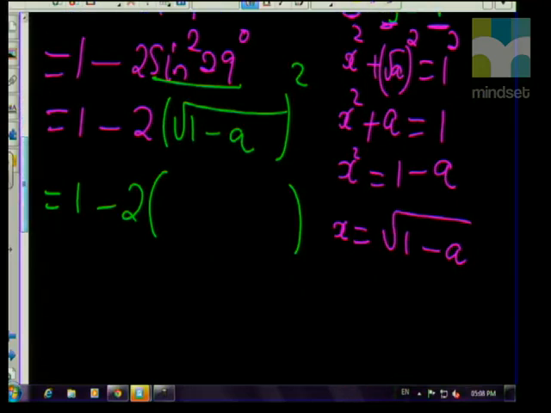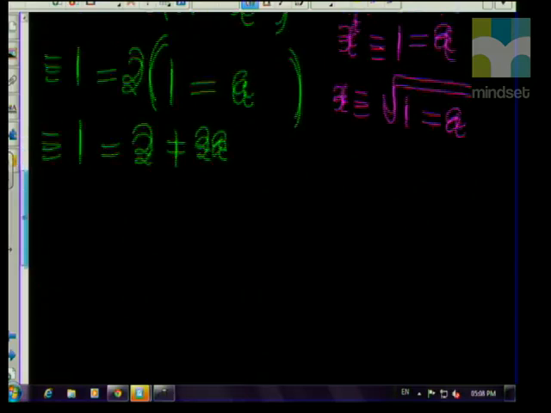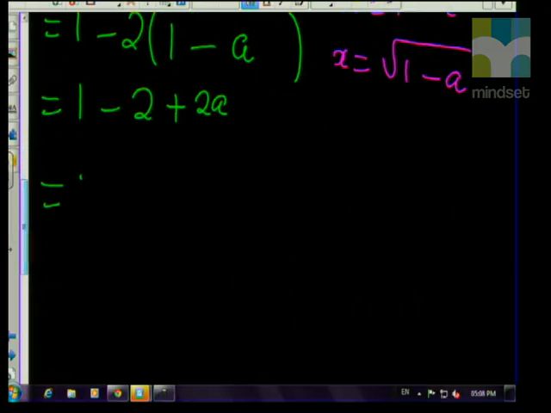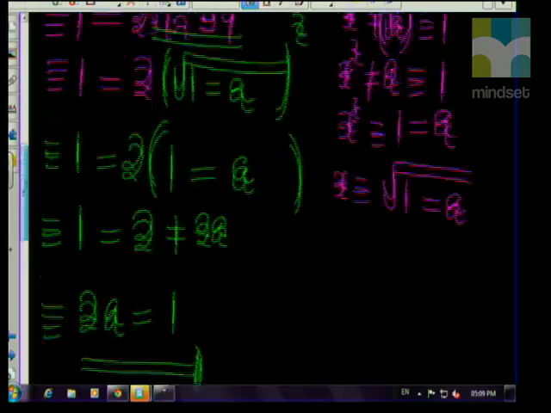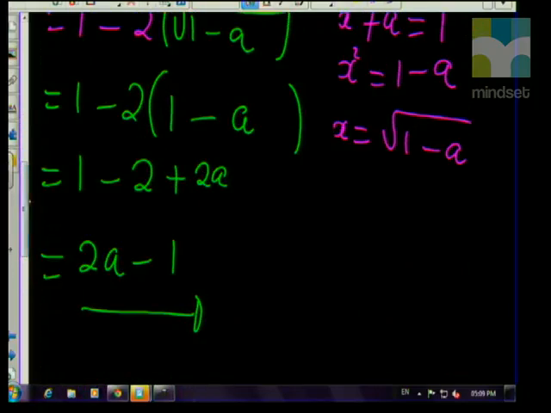It's the square root of 1 minus a, and then squared. That half times the 2, you get a 1, so you've got 1 minus a. And this gives us 1 minus 2 plus 2a, okay? Now, our final answer will be 2a minus 1. So, our end result will be 2a minus 1.